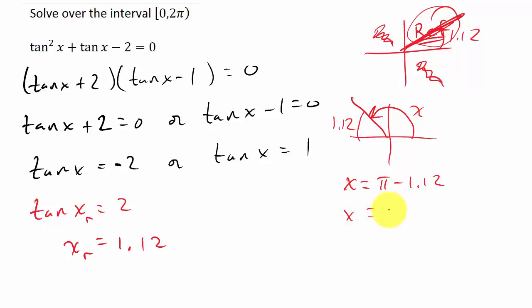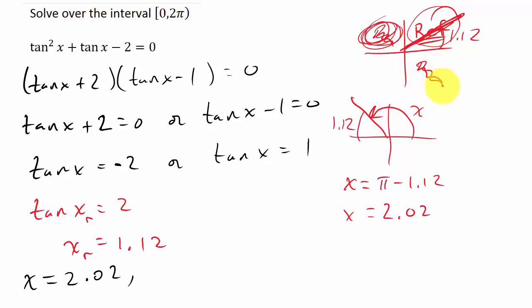And so x is pi minus 1.12, and that is going to give me a solution of x equals 2.02. And remember, this is radians. So there's my second quadrant angle.